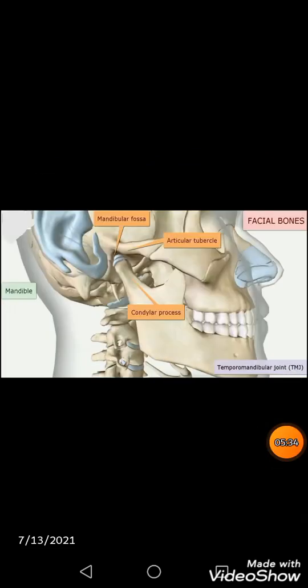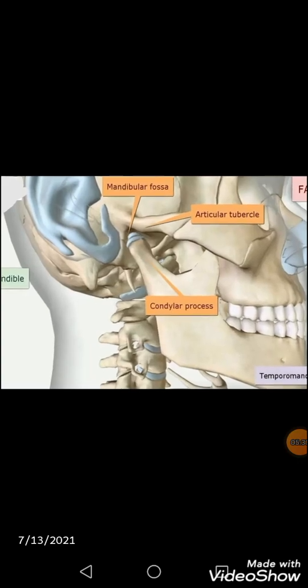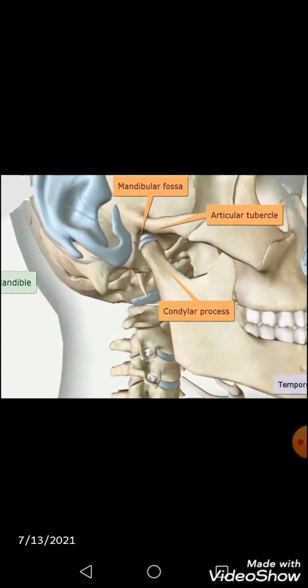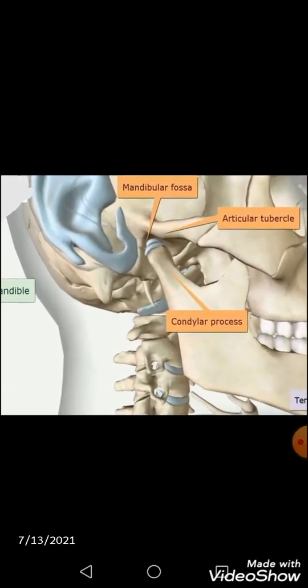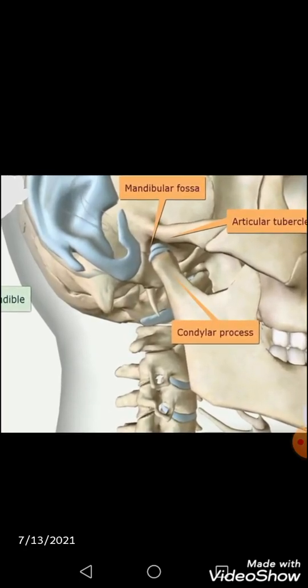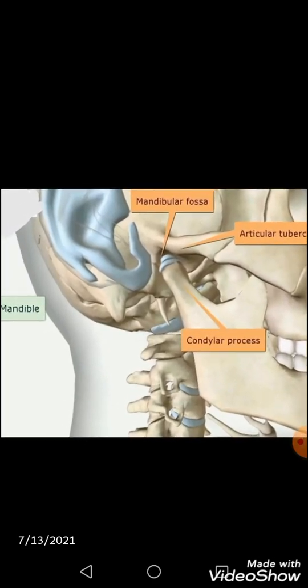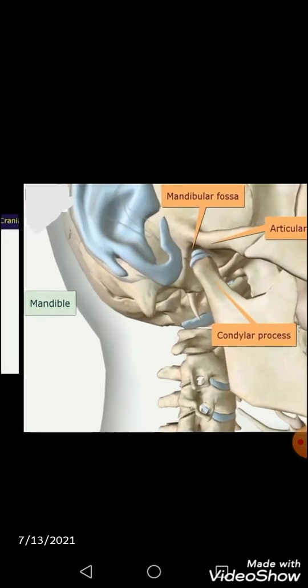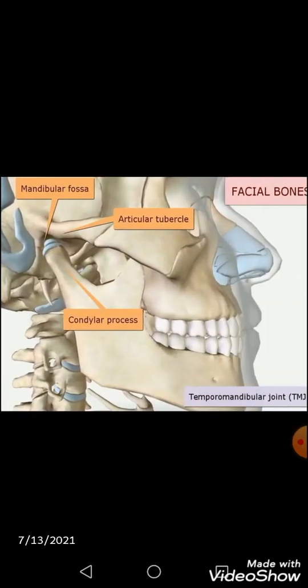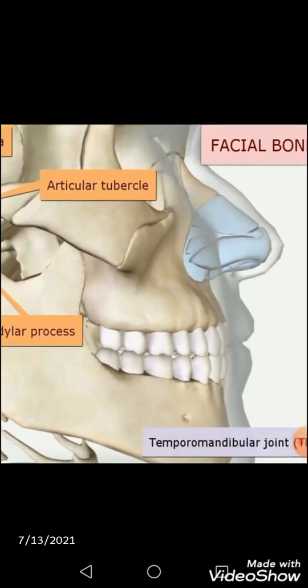Here you can visualize the temporomandibular joint being formed by the mandible, which has the condylar process and articulates with the mandibular fossa, and you can also see the articular tubercle present on the zygomatic arch area. And what else you can see? You find that there lies the nasal bone and the anterior nasal spine is there.